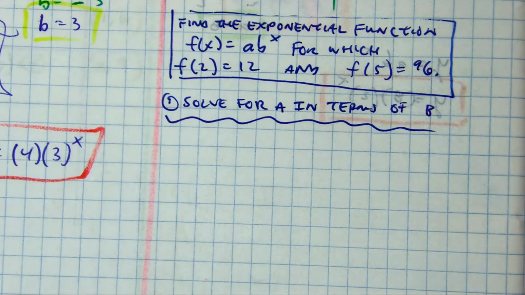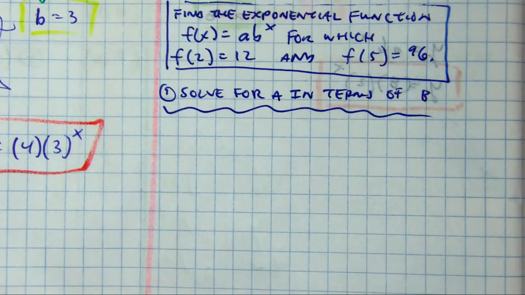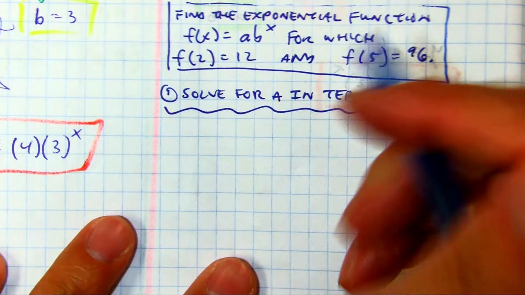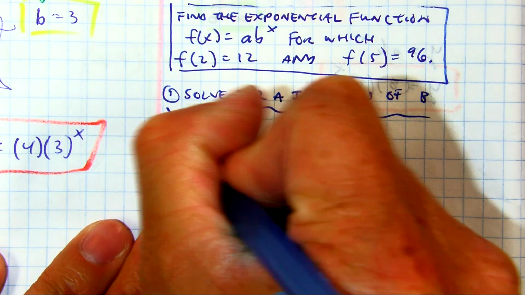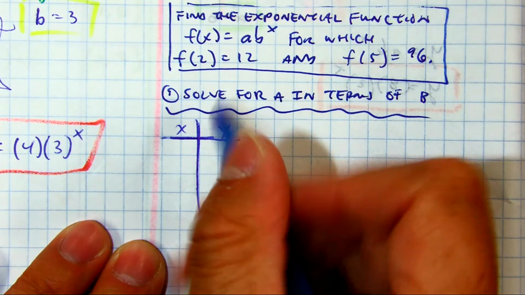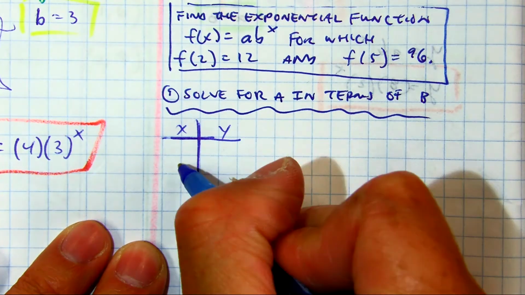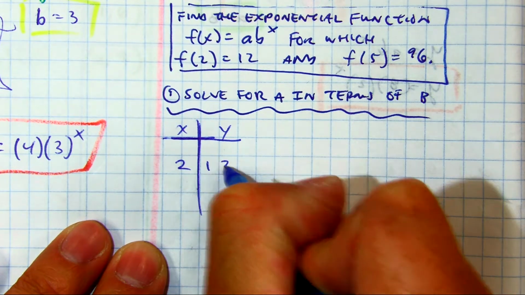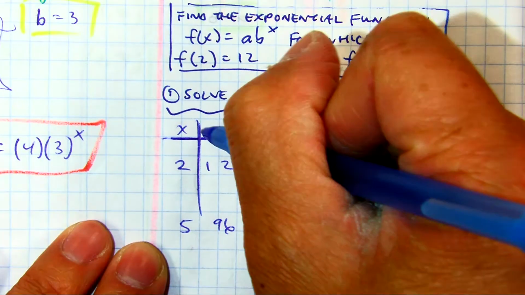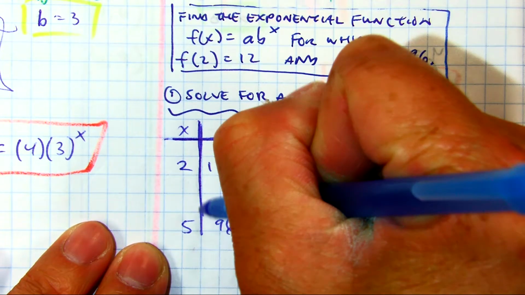All right, Ruben. What do we do first? Draw a table. Okay. What do you put in your table? Okay. Now what?